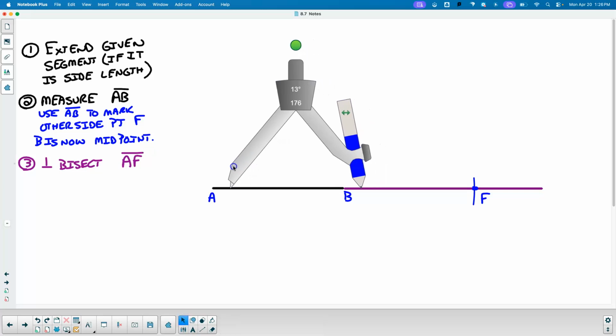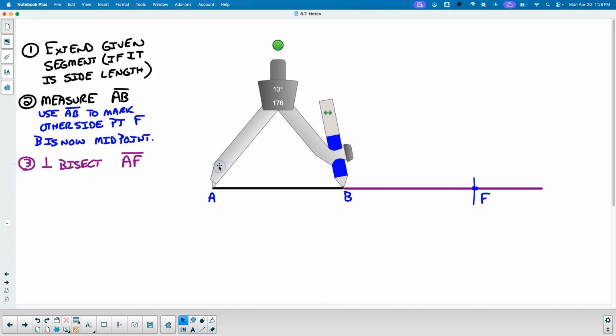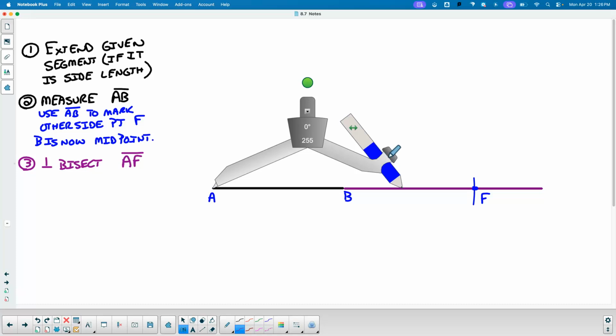How do I construct a perpendicular bisector? That's why we take notes, so that we can refer back to them, especially when we don't know something. More than half, right? So I've got to extend my compass for sure. All right, then what?